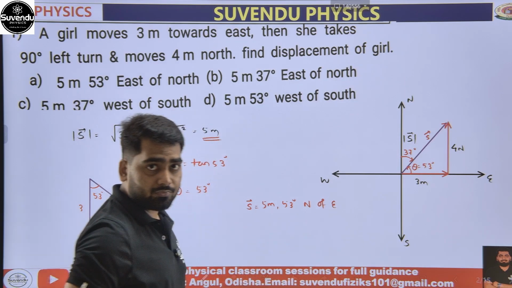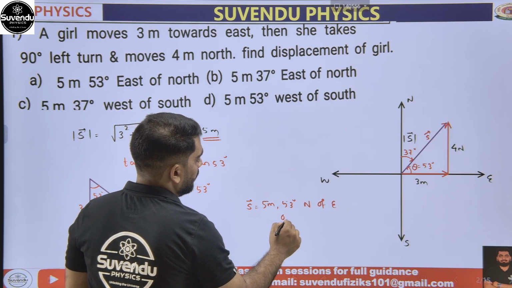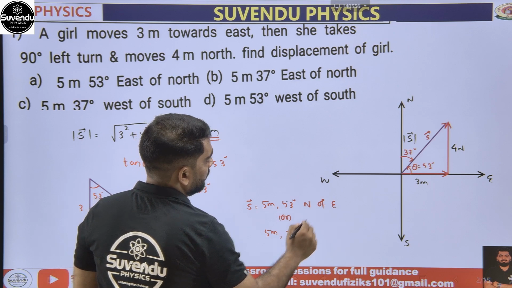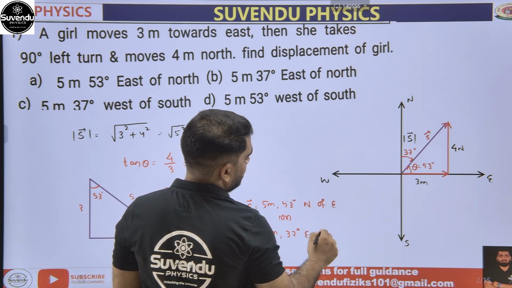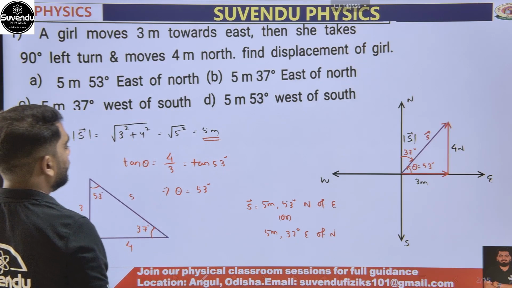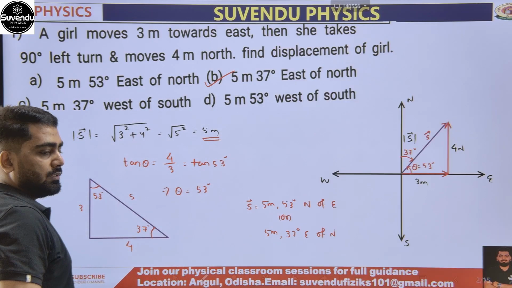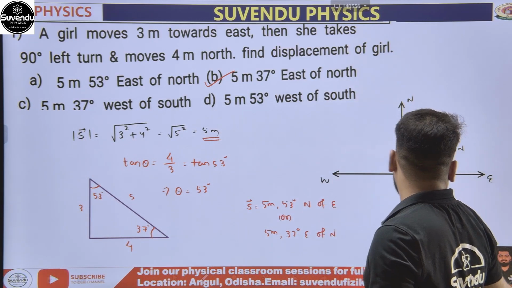In the previous lecture we have already discussed this. Or we can write it as 5 meter 37 degree towards east from north. So 5 meter 37 degree east of north. This is mentioned in the option, so this is our correct answer. I think it is clear. Very good.